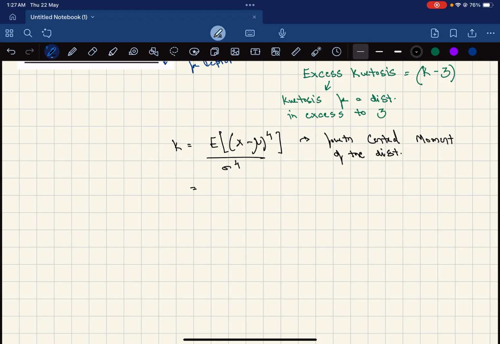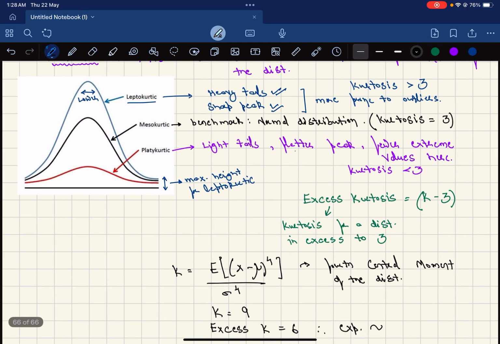So this will become a little complex computation. Therefore, we will not go through the computations here, but the value of kurtosis for an exponential distribution is equal to 9, and therefore the excess kurtosis for an exponential distribution comes out to be 6, because it's 9 minus 3. Therefore, the exponential distribution is leptokurtic.